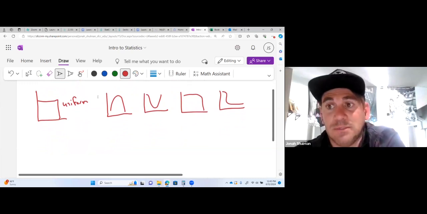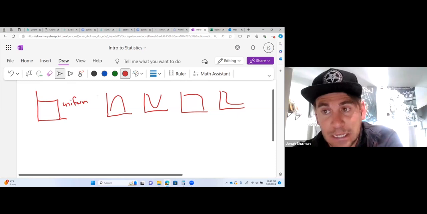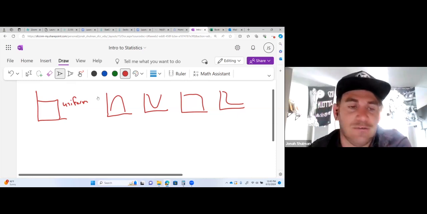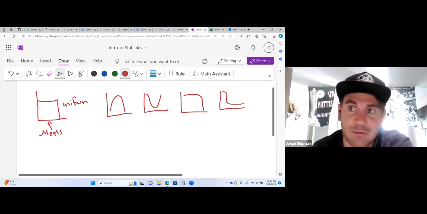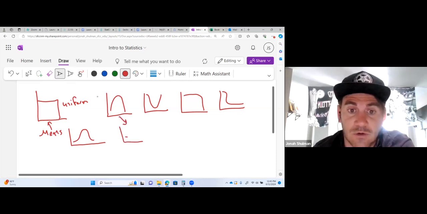So what the central limit theorem says is basically, as long as we take sample means from it, and we take enough of those means, we're going to be able to create a bell curve from any single one of these populations.